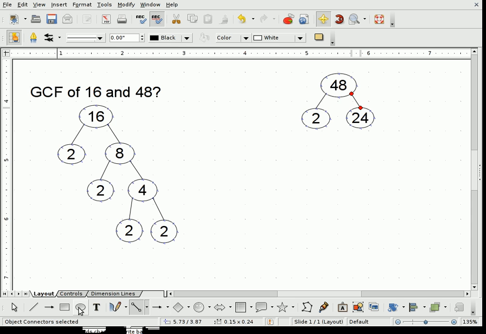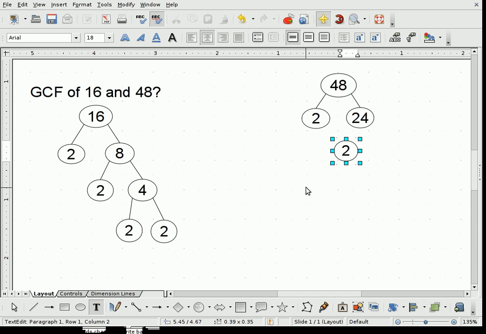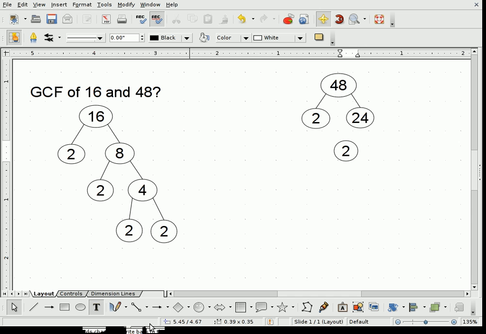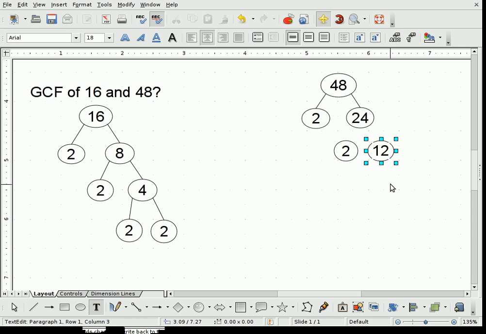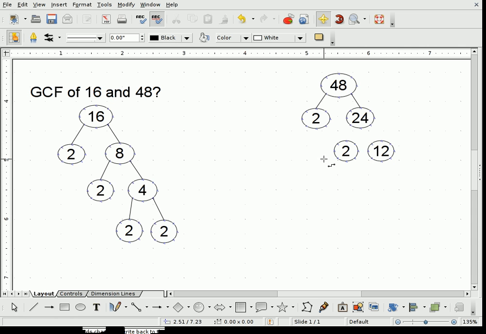Alright. What is 24? Can 24 be broken down into prime components? Sure, 24 is definitely divisible by 2. But what is 24 divided by 2? 24 divided by 2 is 12. Like that. And we make connectors.